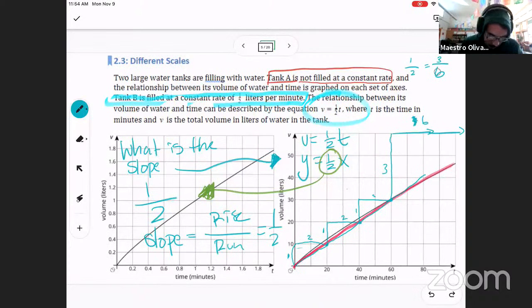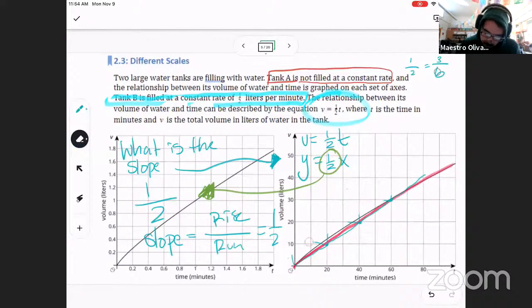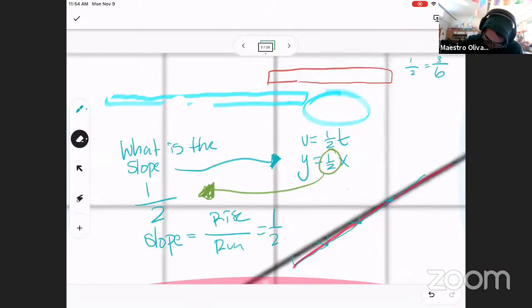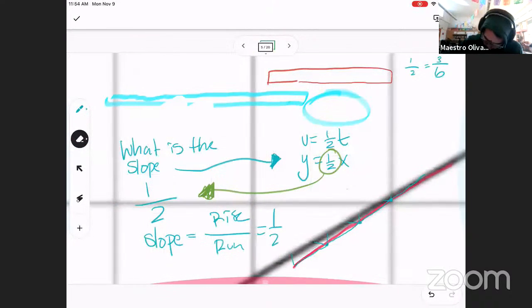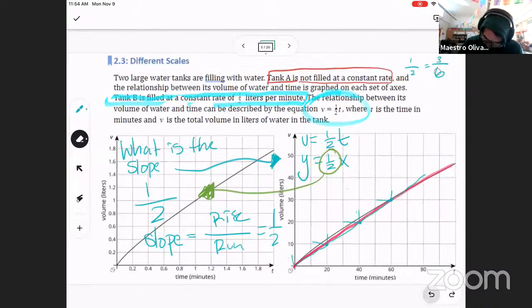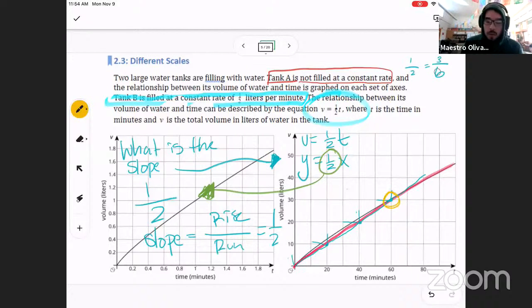We have the red line, and then we have our blue line. So where is it crossing? Well, if I zoom in, it kind of looks like it's crossing at this point right here.